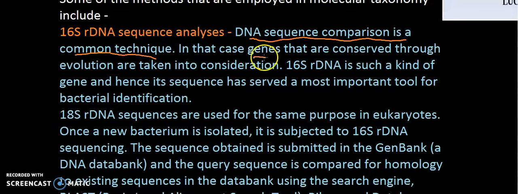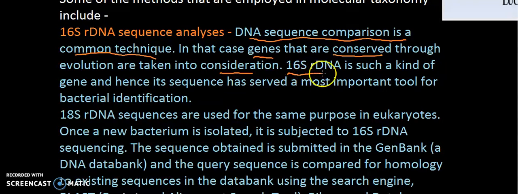In that case, genes that are conserved through evolution are taken into consideration, because too much change in the gene will not carry any information, and even if a gene is 100% conserved, that is also not good for taxonomic comparison, because in that case all organisms will be the same.